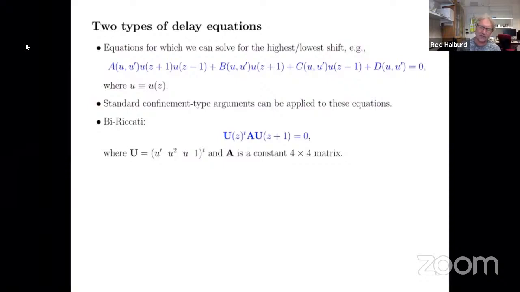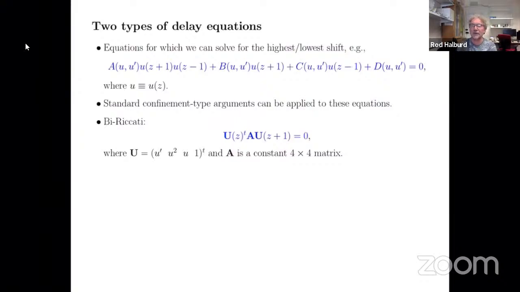The other class of equations that I've already mentioned are these Bi-Riccati equations. So this is the general form here. If I take u of z to be the vector consisting of the derivative and the powers up to power 2 of u at z, and I just form this quantity where A is a constant matrix, then this is the general form of the Bi-Riccati equation.